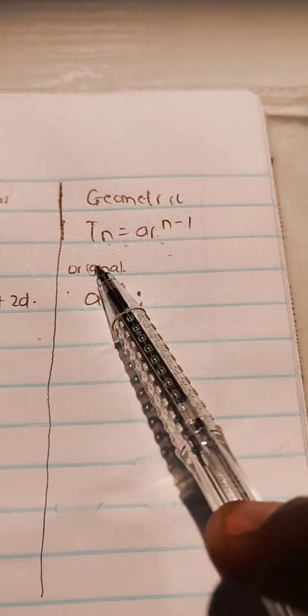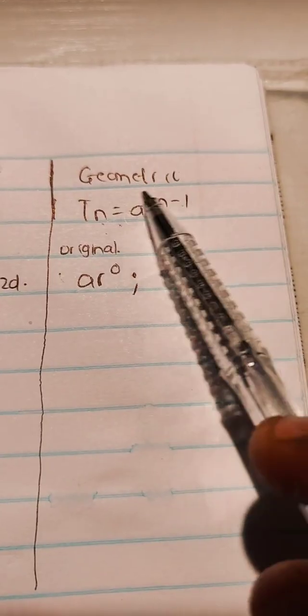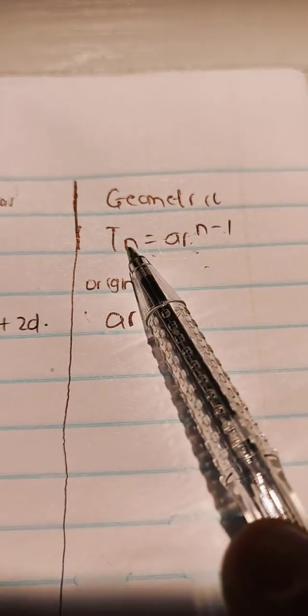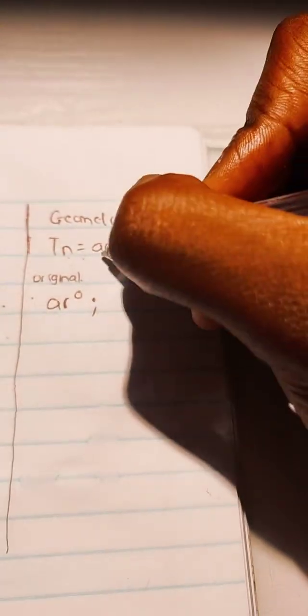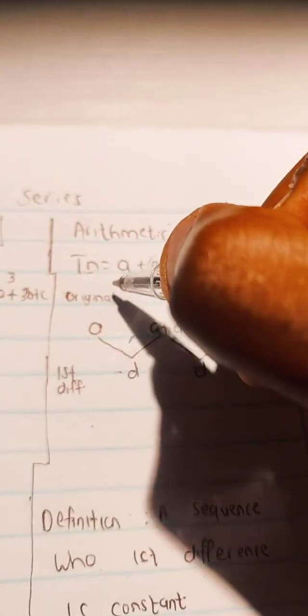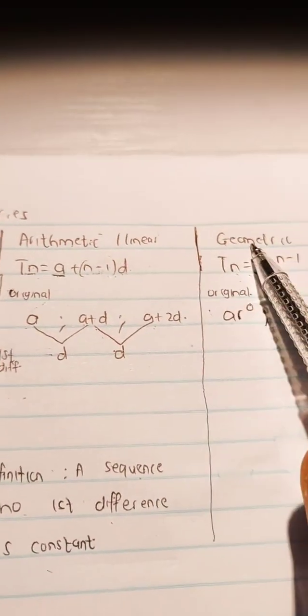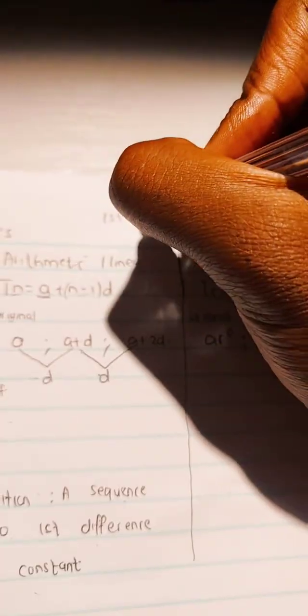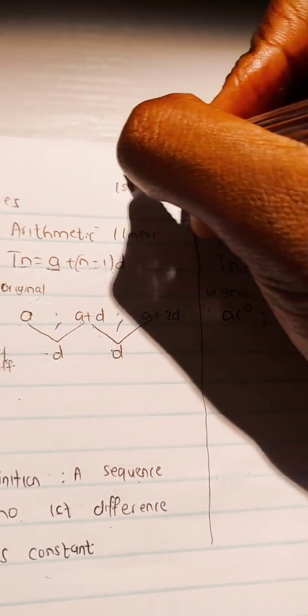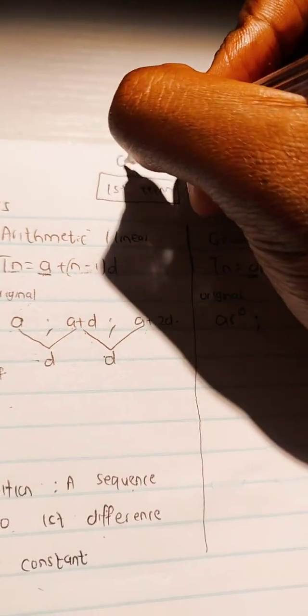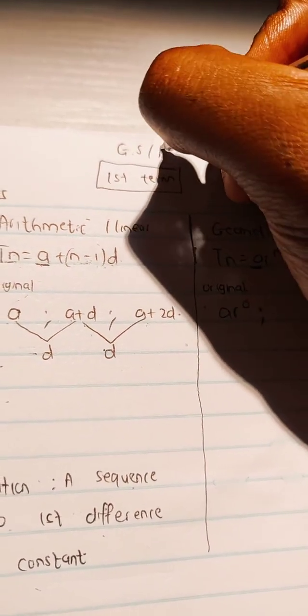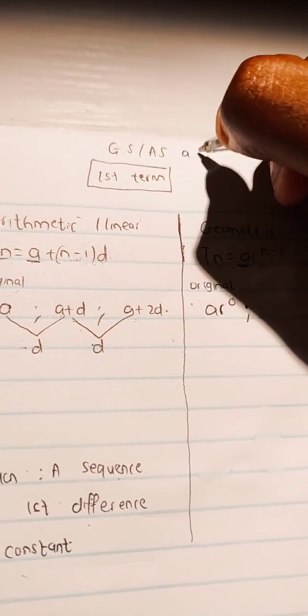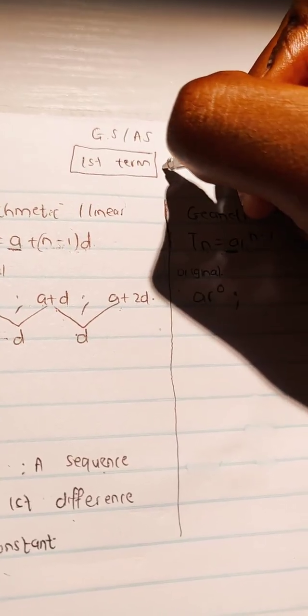So for now, if we are to write down the general sequence in terms of A and R for a geometric sequence, we go to the general term: Tn is equal to AR to the power n minus 1. Remember, A for both arithmetic and geometric sequences is simply the first term.